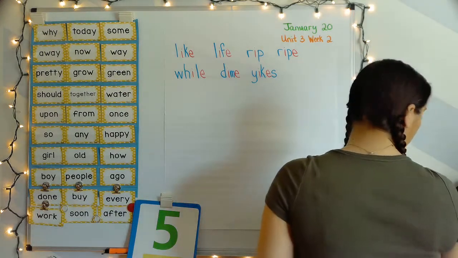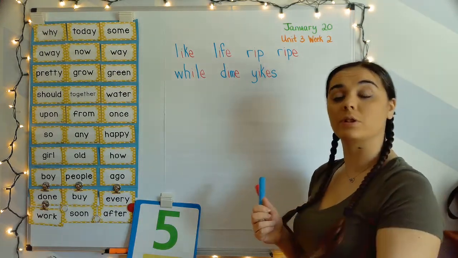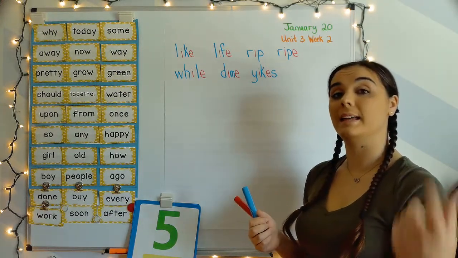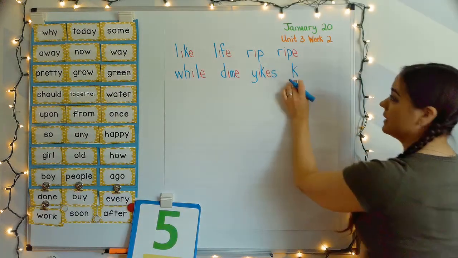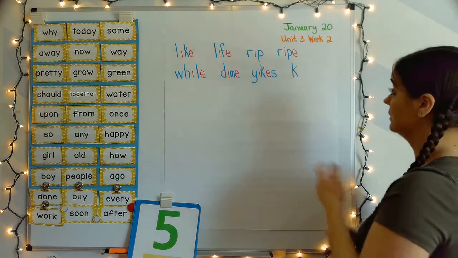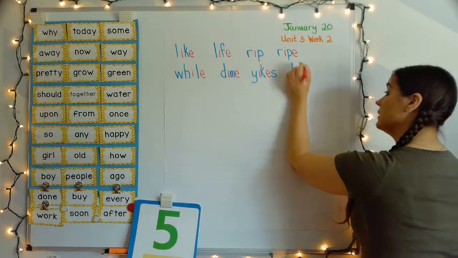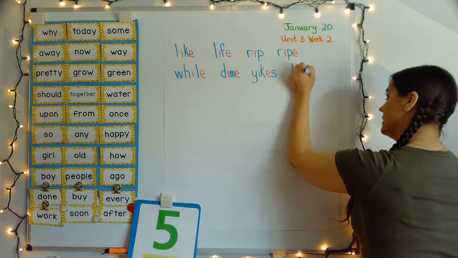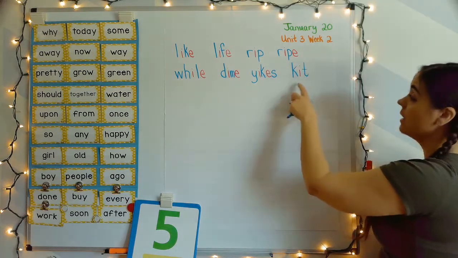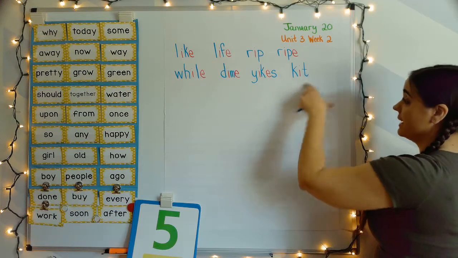Alright, next word. Kit. Your turn. Ka. It. Kit. K says ka. I says short I. T says ta. Ka. It. Kit.